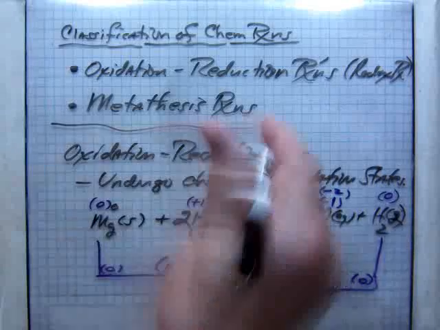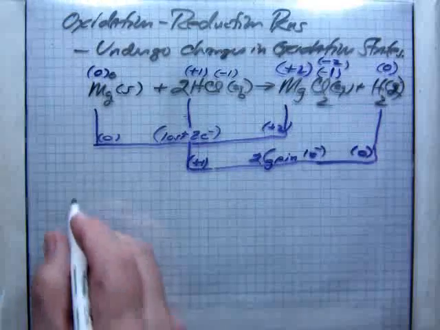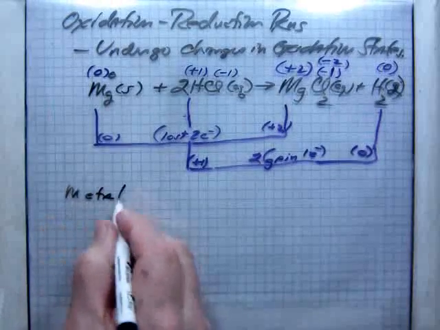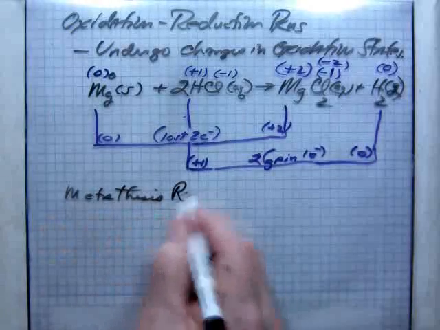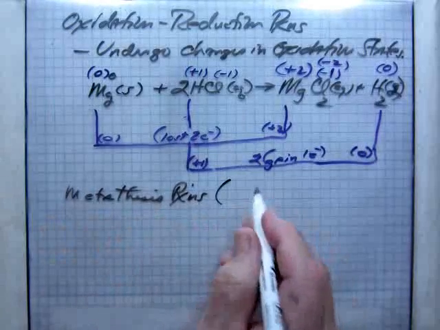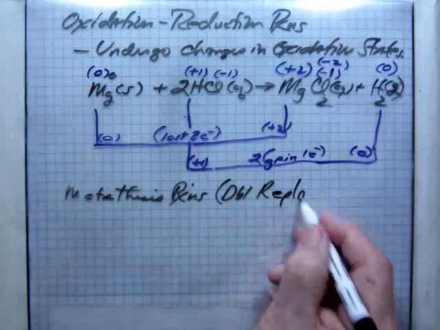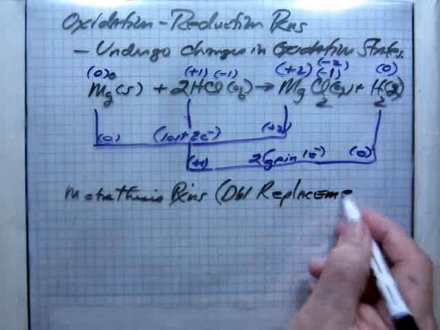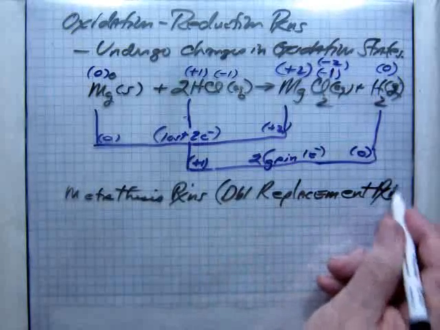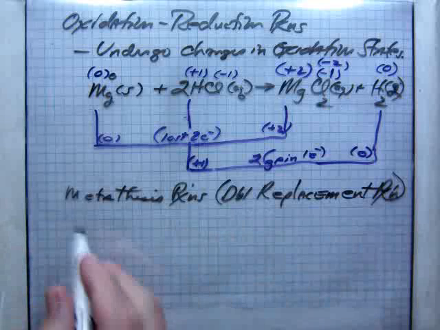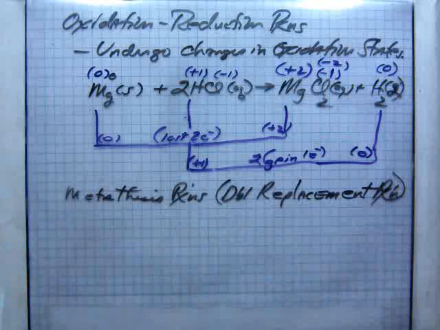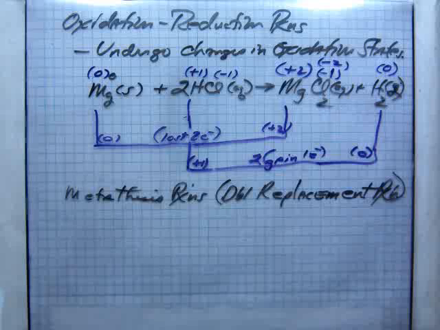The other one is a metathesis reaction. This is also known as a double replacement reaction. What that means is there is no change in oxidation state, but the metathesis reaction has what we call a driving force in it that pulls it to completion, and that driving force leaves the system.